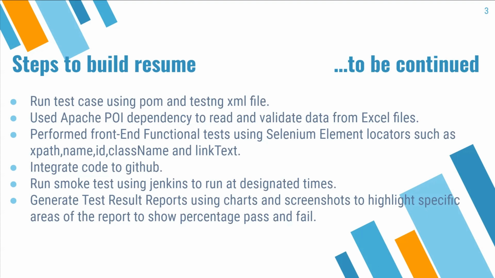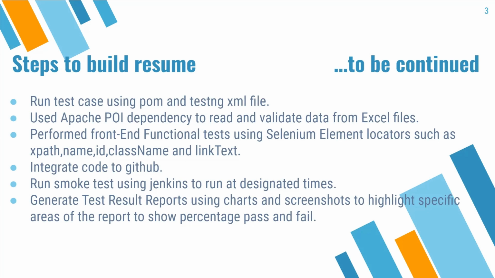From there, you'll get an idea that we are familiar with these locators in Selenium WebDriver. At the end, you can say we integrated code to GitHub. That means you have the idea of GitHub as well, along with Java, Selenium WebDriver, TestNG, Cucumber, all these tools.